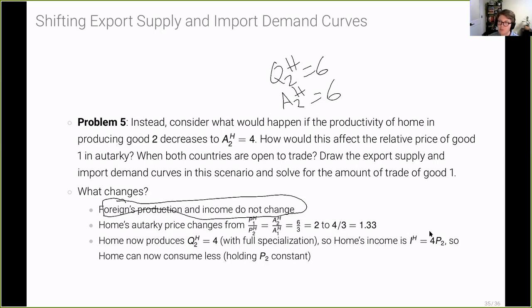So home's income also decreases, to 4 times P2, and home can now consume less. So home's import demand curve is going to shift down and shift left, because its autarky price and its income have decreased.